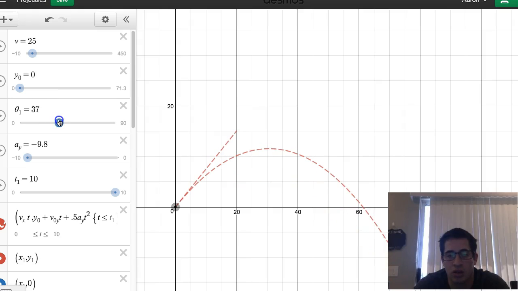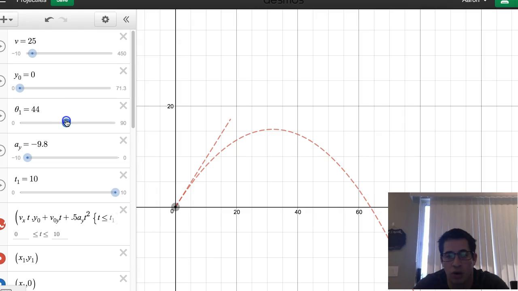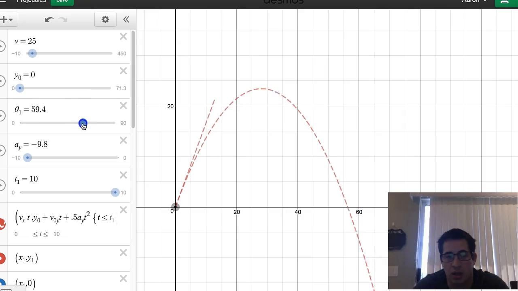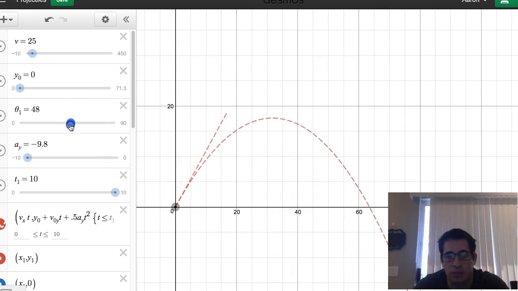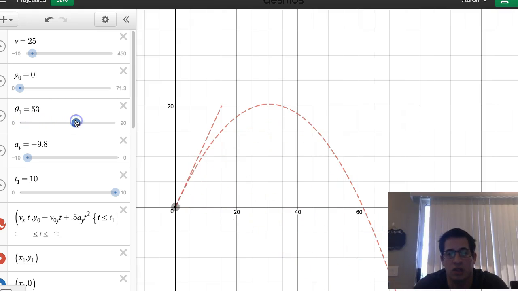So here's like 37 degrees, this is 39, 40, 42, 43, 44, there's 45, and then you're going to notice it'll start to come back. And what you'll find if you were to try this out with all the different angles you could is that the maximum range for a projectile launched from and landing at the same height is when the angle is 45 degrees.